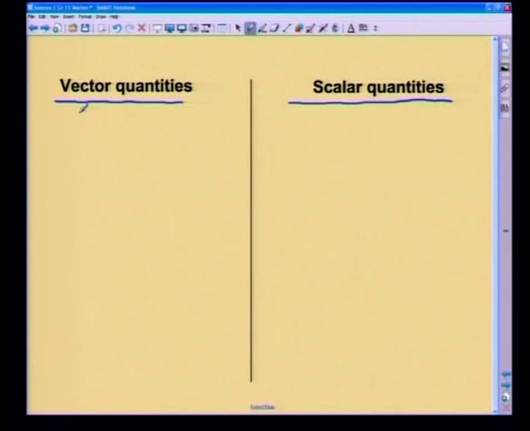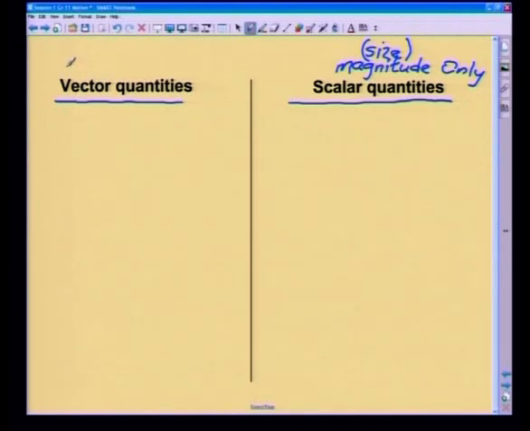Now, scalar quantities are physical quantities with magnitude only. So I would write up there, magnitude only. So these ones, we just talk about how big they are. So we talk size when we talk about these ones. Here, we don't only talk about size, which is the vector quantities.